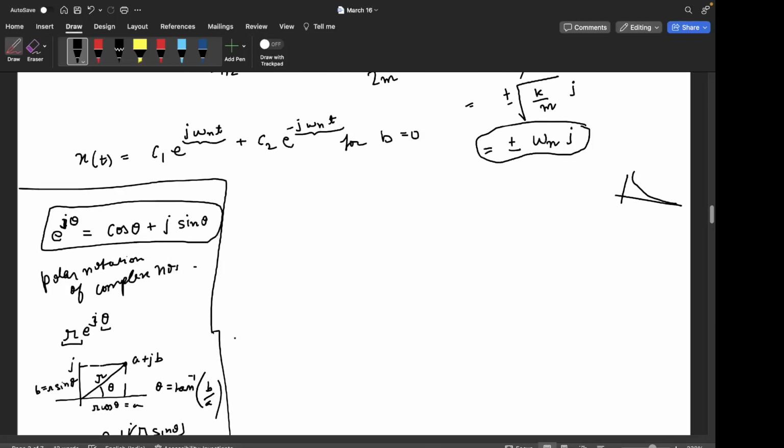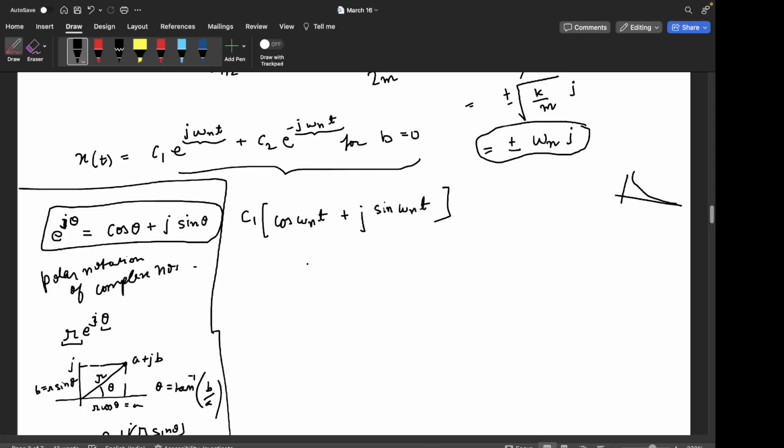So using this information, what you can write here is basically write it in terms of sines and cosines. So the first term you can write, let's say c1 times cos omega_n t plus j, the imaginary indicator, sin omega_n t.